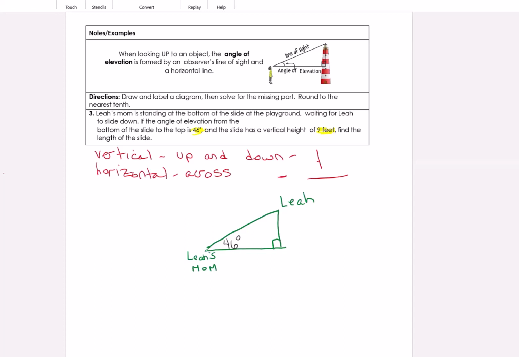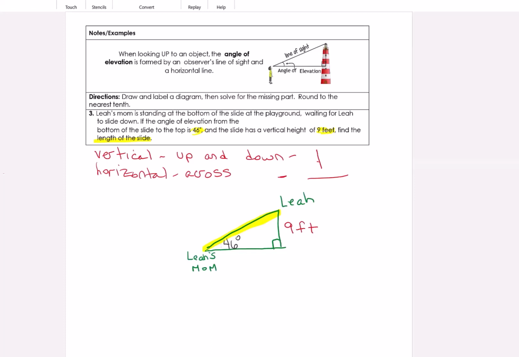Now we know what vertical is. Now we know what horizontal is, which means that the slide has a vertical height of 9 feet. This is 9 feet. Find the length of the slide. All right. This is different. So we want to find the length of the slide. And right here, this is the length of the slide. Now we want to find our hypotenuse. What are we being given?